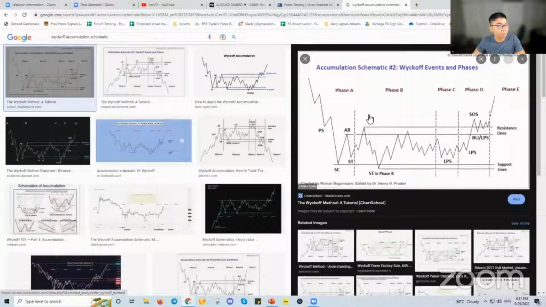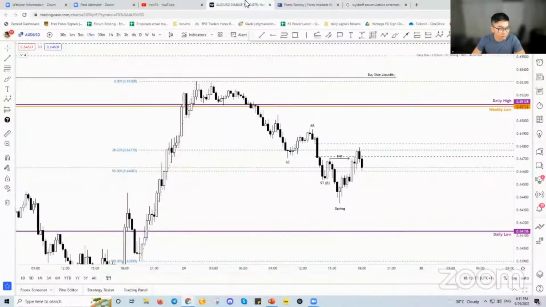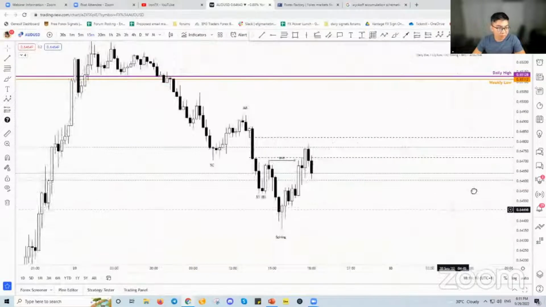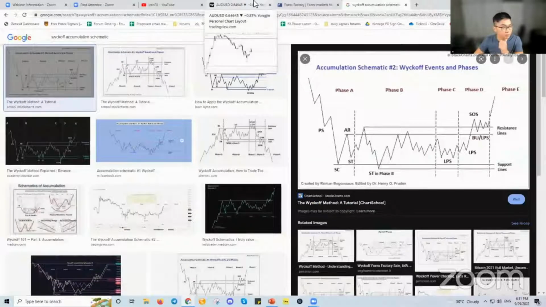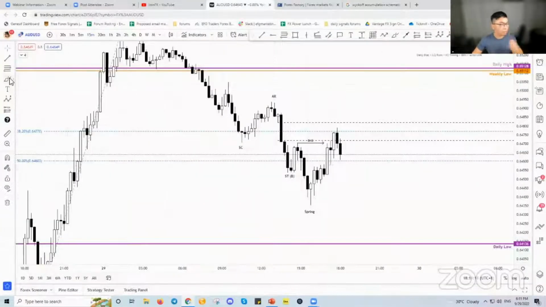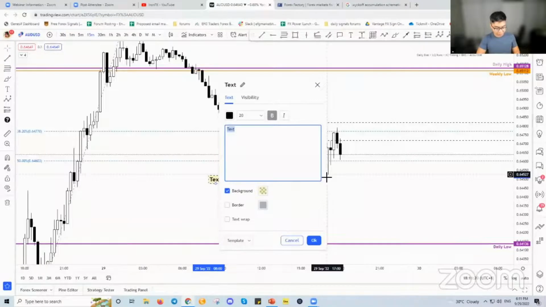So I'm actually looking for a possible, this is not a signal, it's just my personal ideas that I'm looking at. I'm looking whether it is a possible Wyckoff accumulation right now on the Aussie dollar. So what is SC? Let me type it out. Wyckoff accumulation schematic.